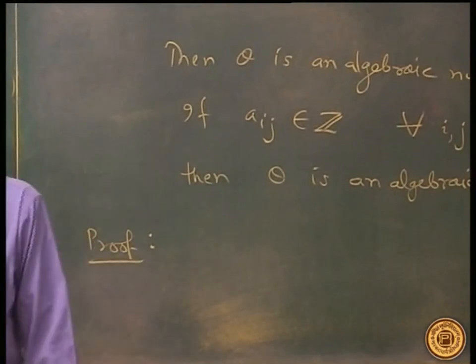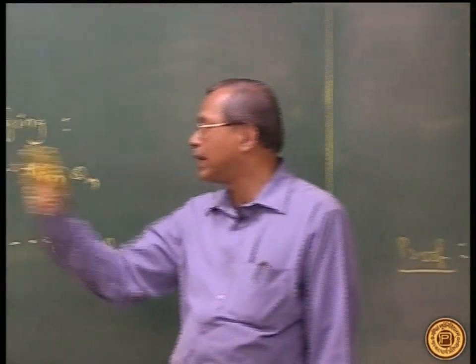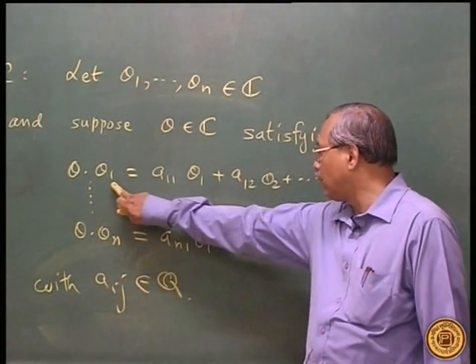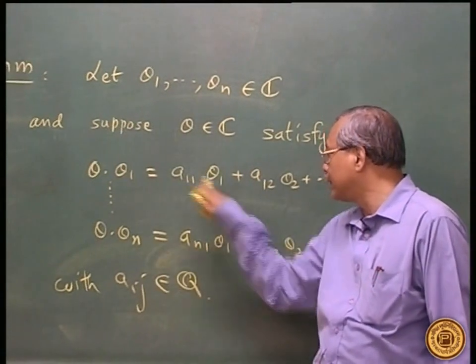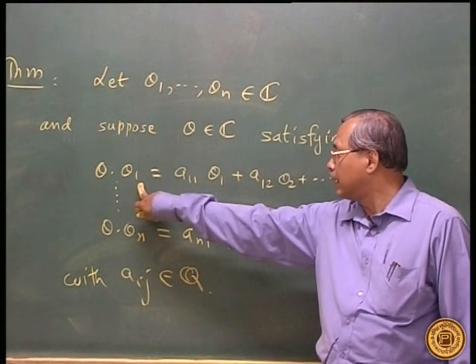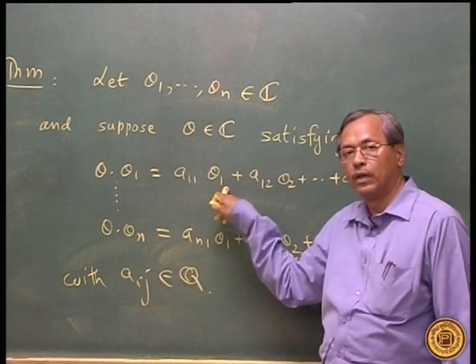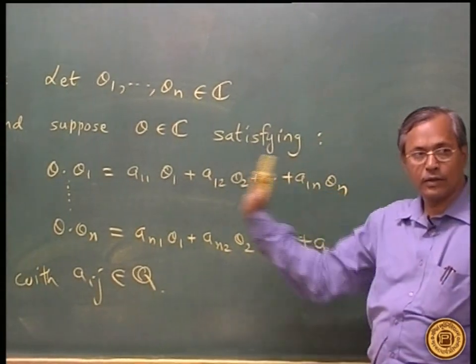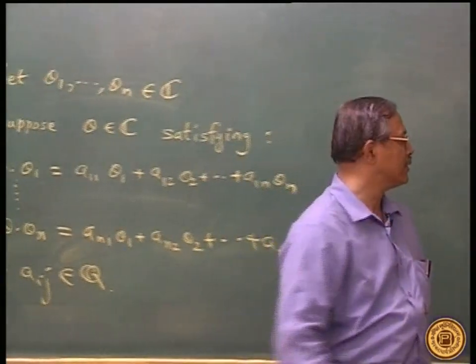So what we do is we write everything on the left hand side. So theta theta 1 is here, theta theta 1 minus a11 theta 1. So we can write it as theta minus a11 into theta 1 plus something into theta 2 plus something into theta n. And we can write some equations like this.